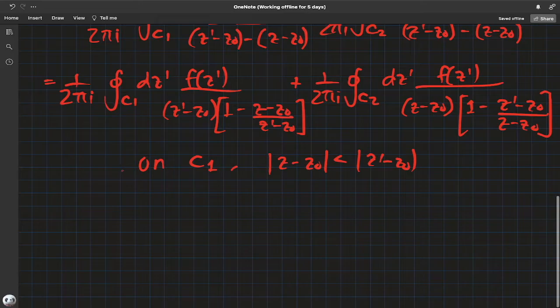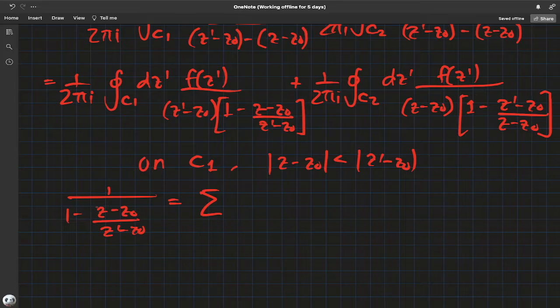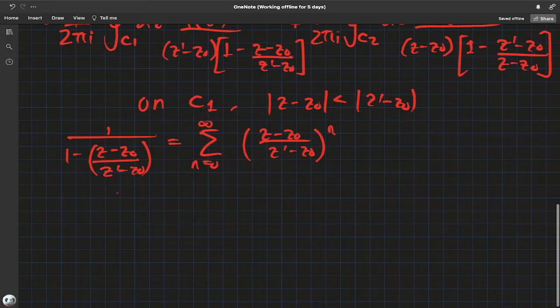And that's why this denominator part, 1 over 1 minus z minus z0 divided by z prime minus z0, can be written as a geometric series, with common ratio the thing I've bracketed out. So n equals 0 to infinity of the common ratio z minus z0 over z prime minus z0 raised to the nth power. I can do that because you can check the condition that the common ratio's magnitude has to be less than 1.